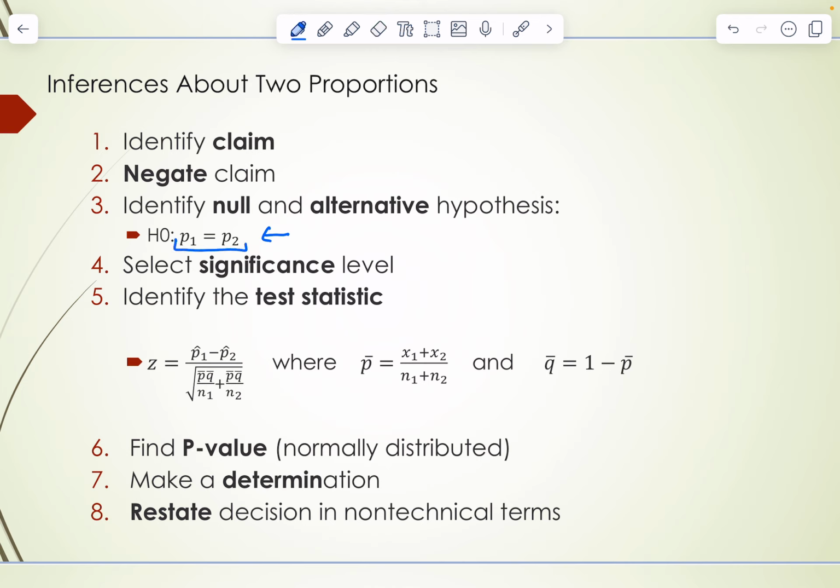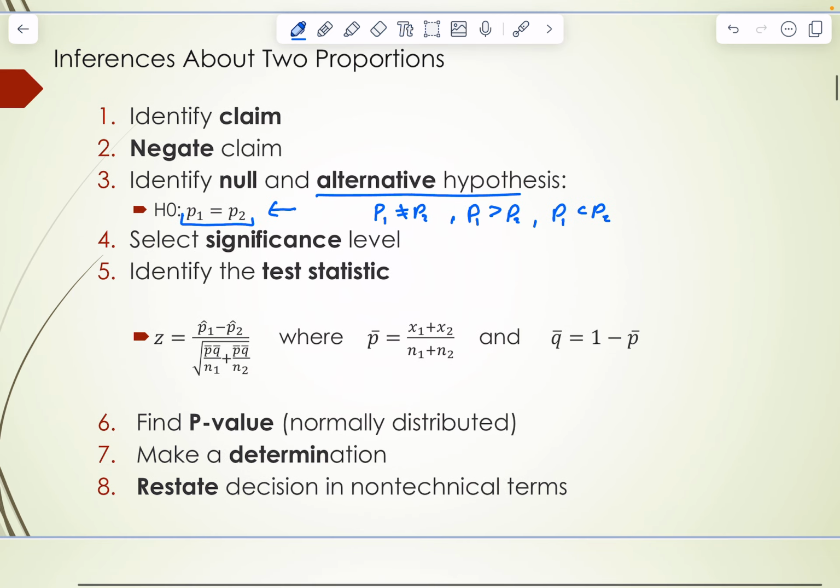Now that may or may not be the original claim, so you still need to figure out what the alternative hypothesis is going to be. You really only have a few choices. It's either going to be P1 not equal to P2, P1 greater than P2, or P1 less than P2.